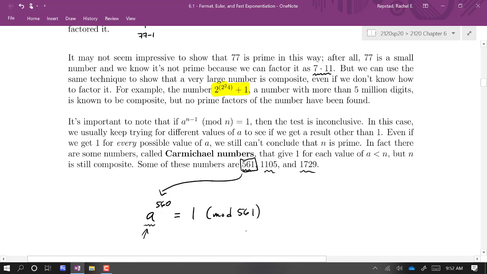But 561 is not prime. It is divisible by 3, I think.